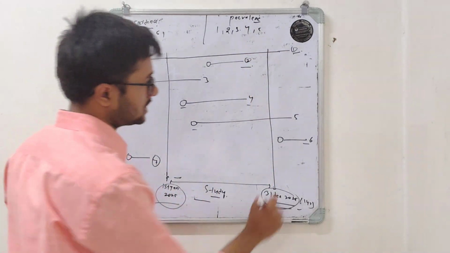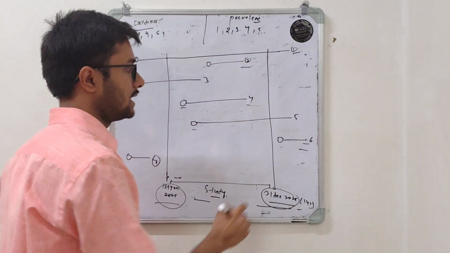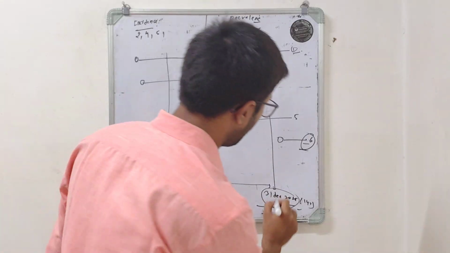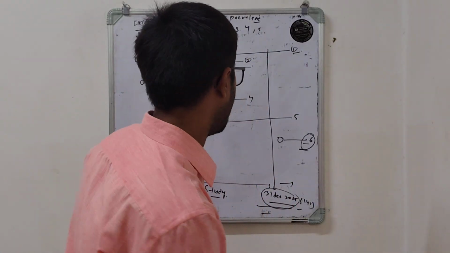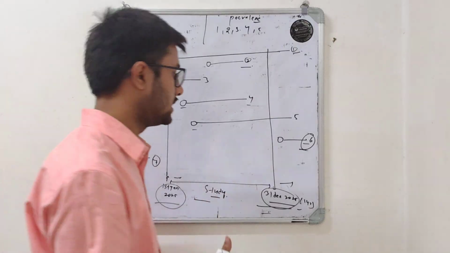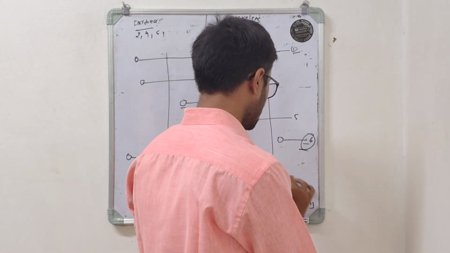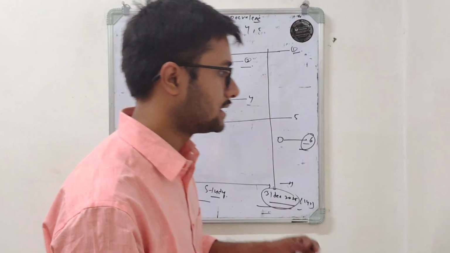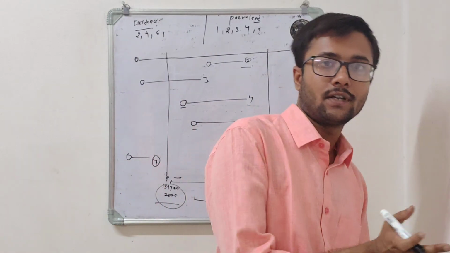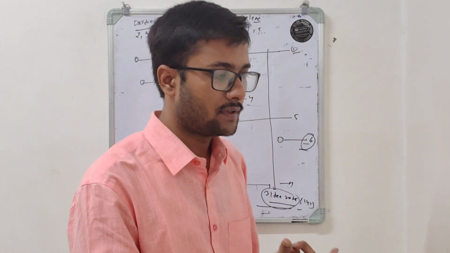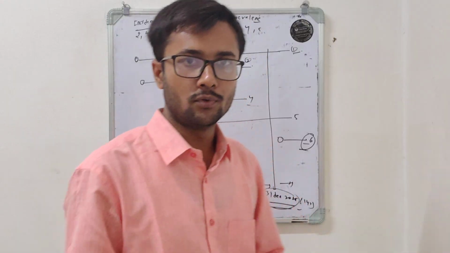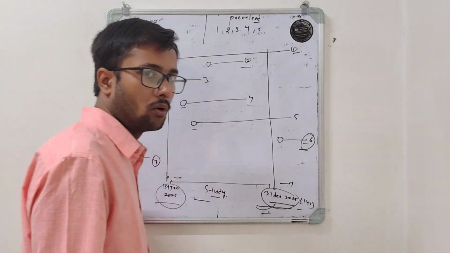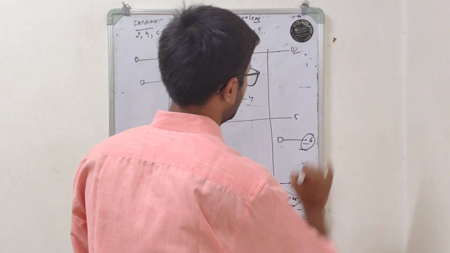Now what about 6? The 6th person's illness begins after the study period. If any person's disease appears or begins after the duration of the study period, we put such data under neither prevalence nor incidence.